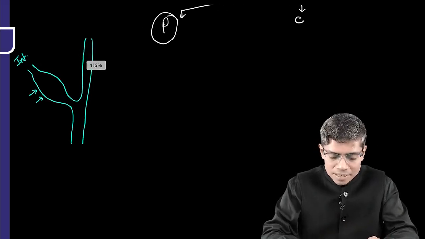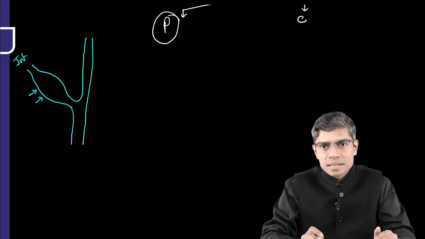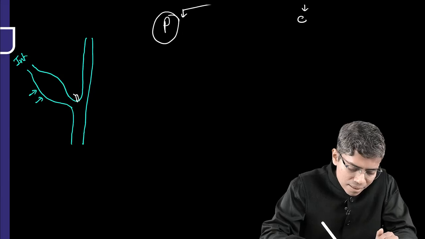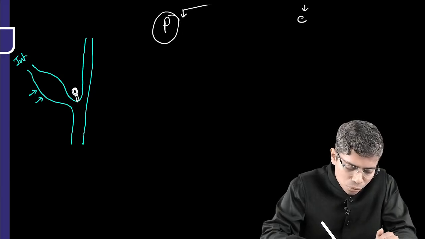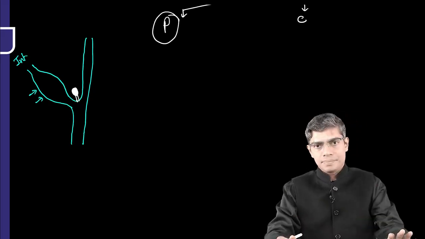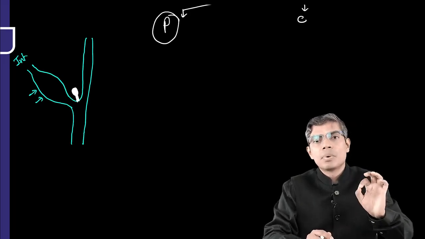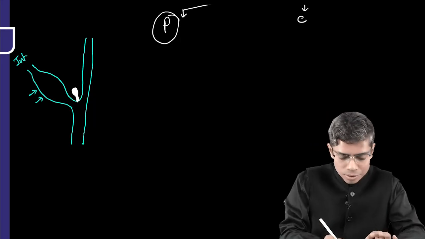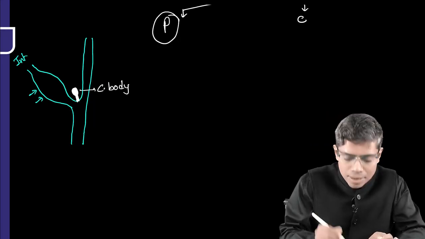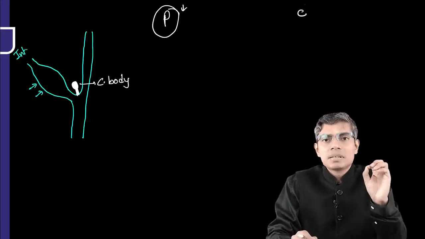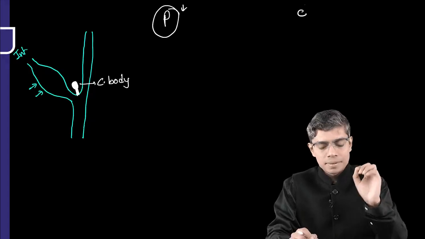At the bifurcation of the internal and external carotid arteries, there are certain small tissues shaped like a tennis racket. This tissue is known as the carotid body, and this carotid body is nothing but the chemoreceptor.